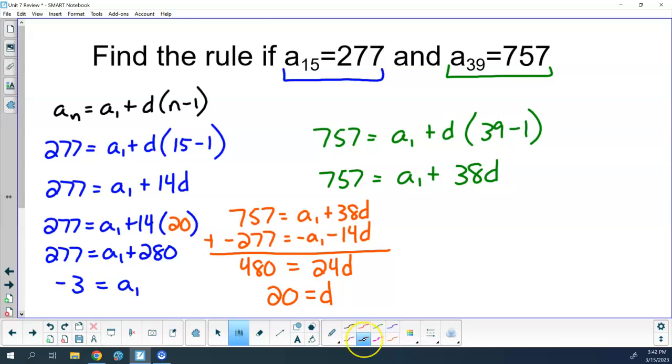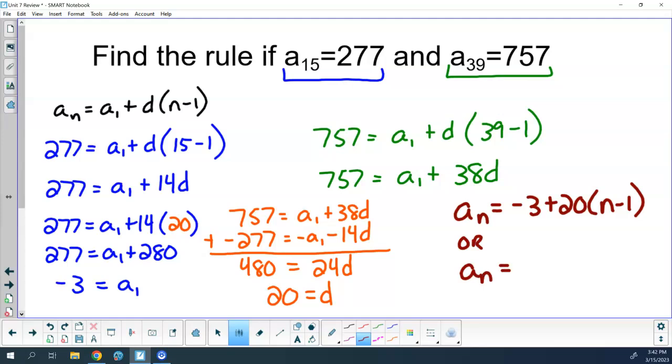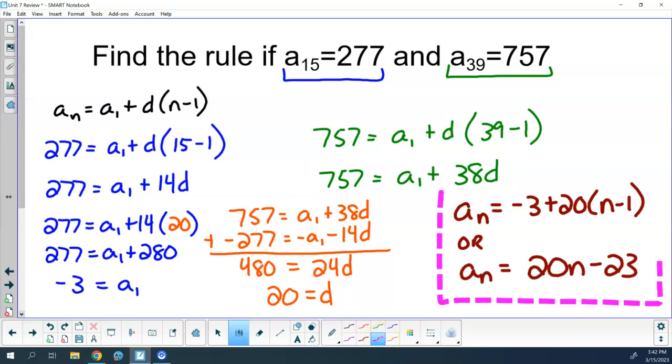The combination of those two tells me then that my rule is going to be negative 3 plus 20 times n minus 1, or, more preferred, 20n minus 23. And that's that one.